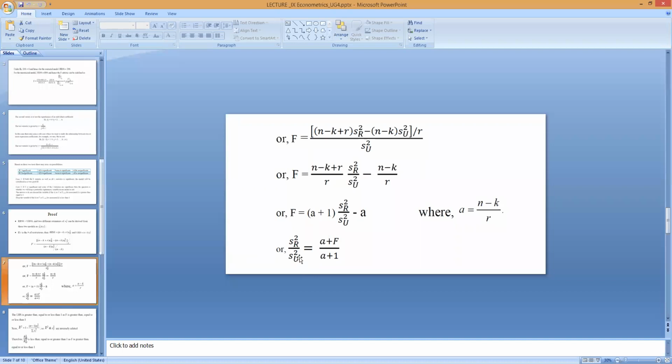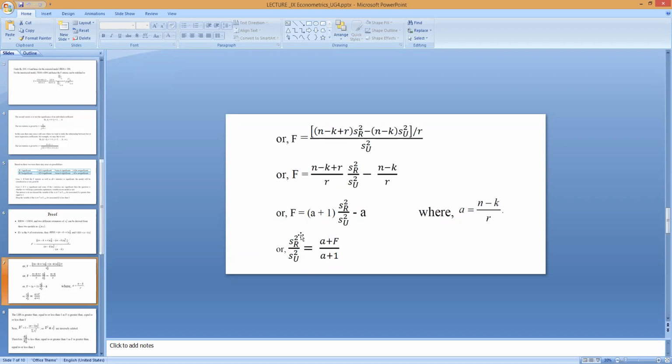So we will say RR bar square by RU bar square will be less than, equal to, greater than 1 if F is greater than, equal to, less than 1.